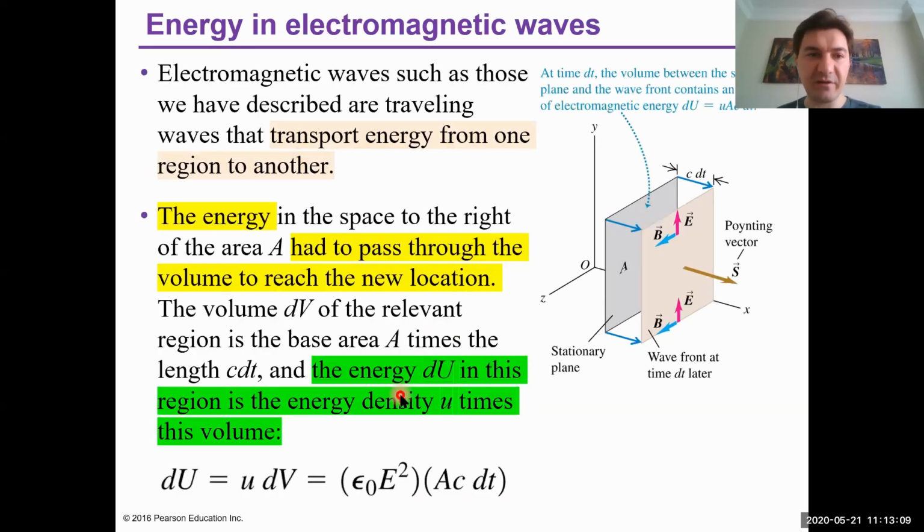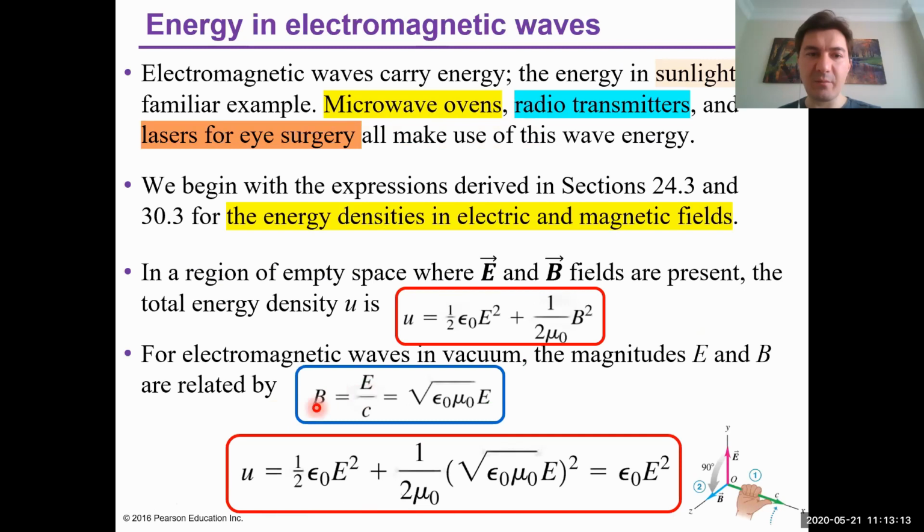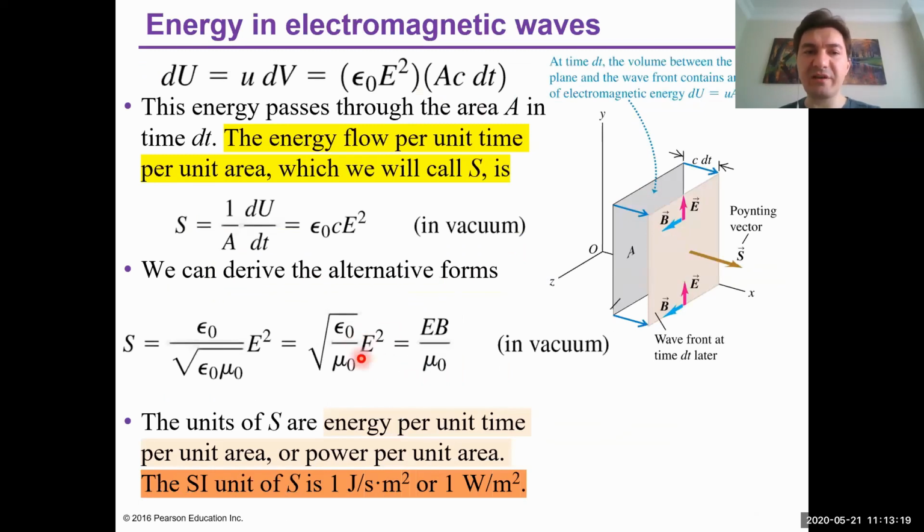If you use that relation, where is it? B is equal to E over c, or E is equal to B times c. If you put it here, you can also write that S in the form of E times B over mu 0 in vacuum. For the S in material, of course, you have to use mu and epsilon here.